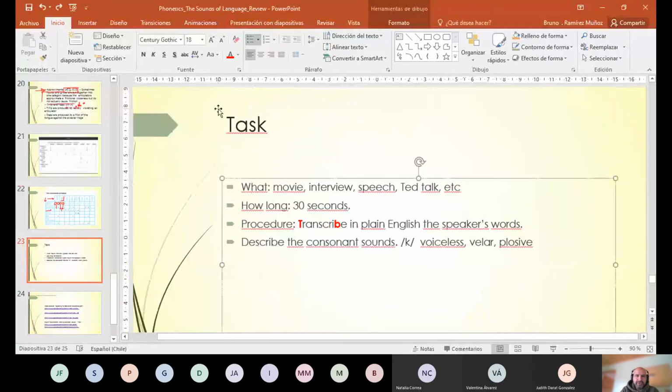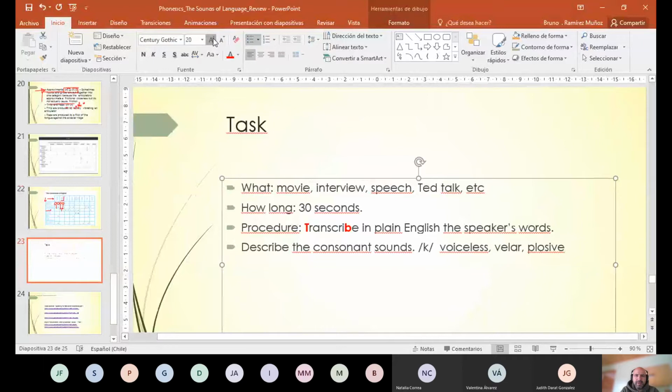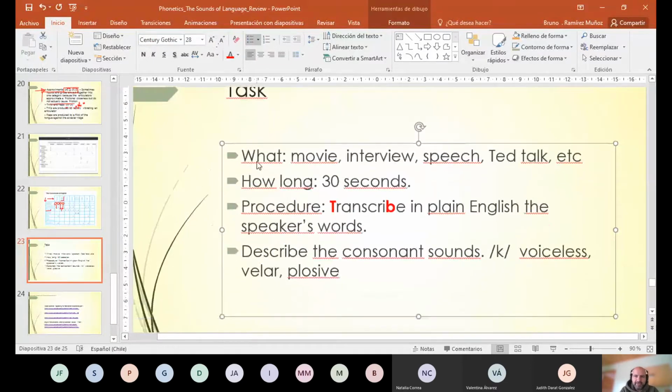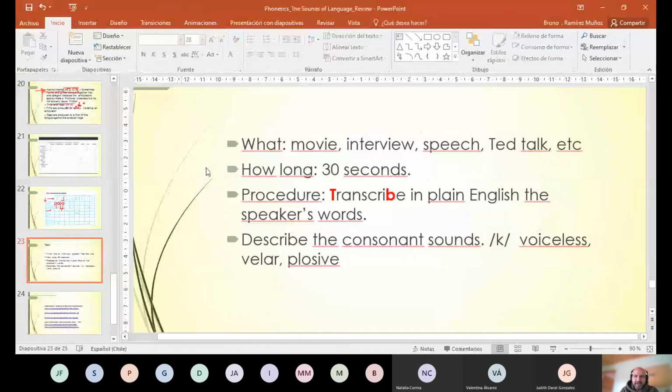You need to choose a movie or an interview or a speech, someone giving a speech or a TED talk, and you need to select 30 seconds of it, okay?